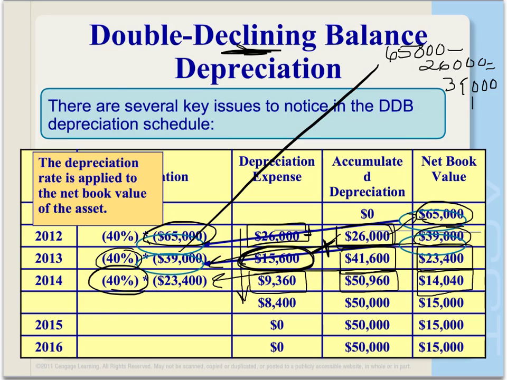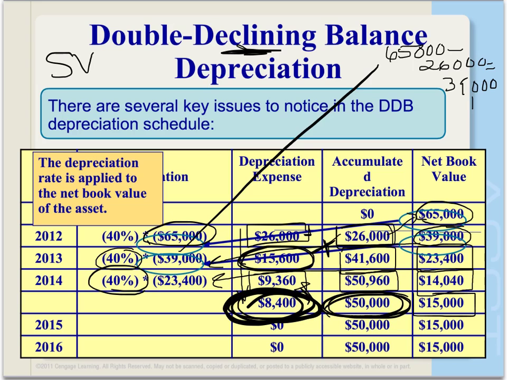We could never go below the $15,000, which was the salvage value. Therefore, in this year where we wanted to take 9,360, we can only take 8,400, hence bringing us down to the 15,000, and at this point there would be no more depreciation because we can only go up to the salvage value.